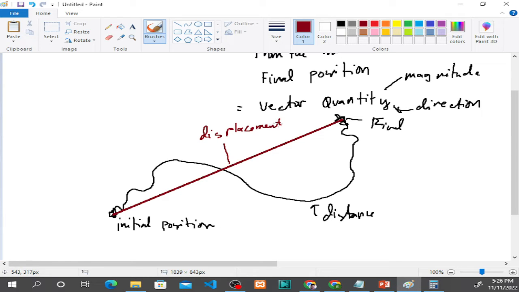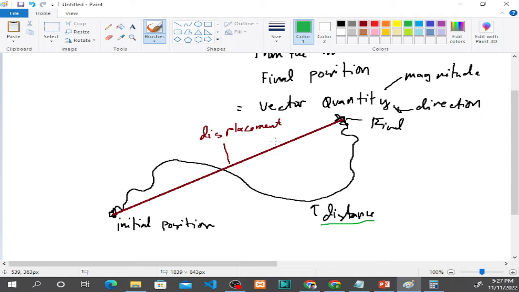So you will see the big difference between distance and displacement. Distance is the length of the path that is traveled or covered, while displacement is just the distance from the initial to final position. So they are really different from one another.